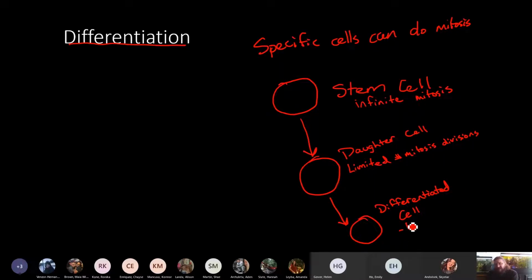Think of it like the final form. And it cannot do mitosis.